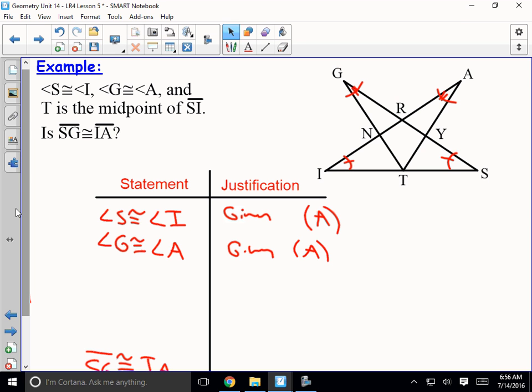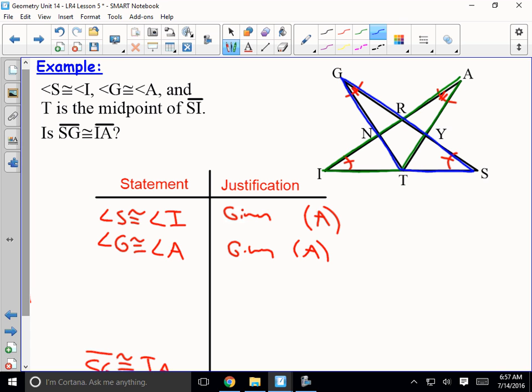Our two triangles are this triangle here, triangle AIT, and then our second triangle is triangle GST. We already have two pairs of angles, so we're in really good shape there.